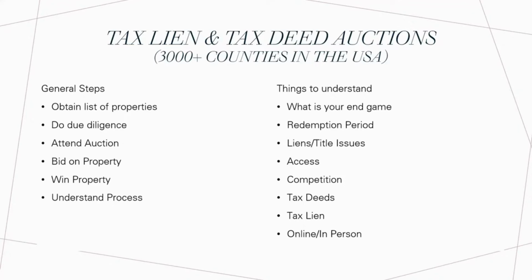Also, give them a call. Okay? Once you do your search on Google, a phone number and email address is going to pop up. Give them a call. Get to know them. Take the time to know the county that you're interested in investing in.